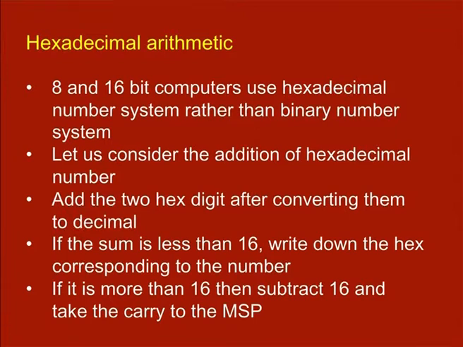Add the two hex digits after converting them to decimal numbers, and if the sum is less than 16, write down the hex corresponding to that number. But if it is more than 16, then subtract 16 and take the carry to the MSB.